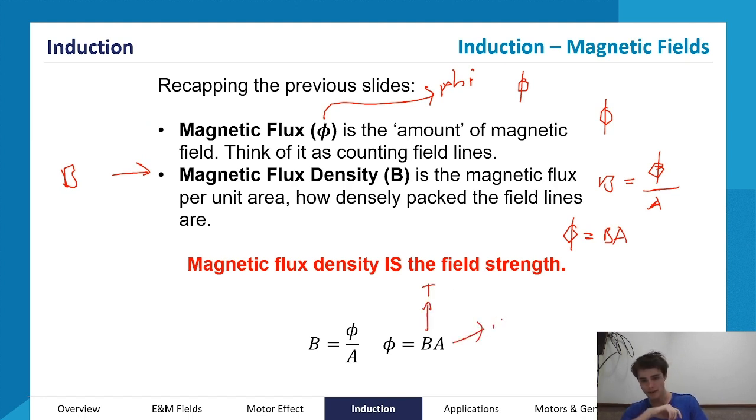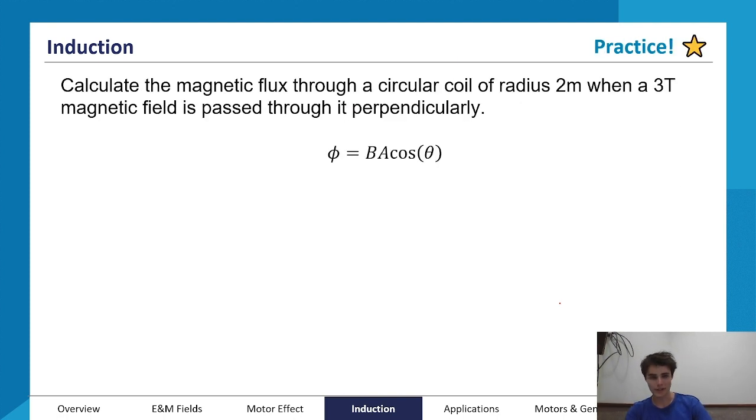Our area is measured in meters squared, and in my opinion, flux takes the cake for the funniest sounding units that we're going to deal with in physics. It's measured in Webers, right? So our little shorthand for it is Wb. The longhand is Weber. I promise you, it's not one of those little tiny cook stoves, barbecues, but that is the unit that we're going to be dealing with.